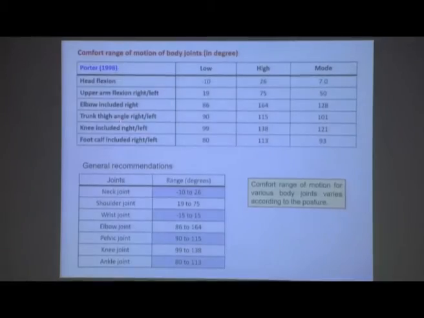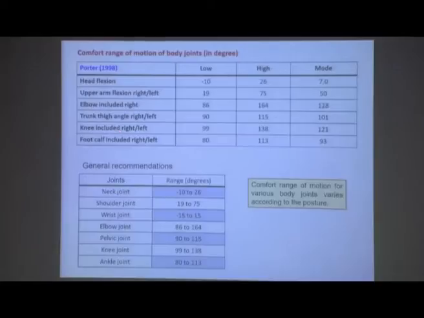Next, for driver or occupant, Porter 1998 defined different body joint angles, the comfort range of that body joint. For head flexion, he mentioned the lower range is -10 and high is 26. So, if we consider that head flexion is within comfort zone, then it should be within -10 degree to 26 degree, and mode is 7 degree.